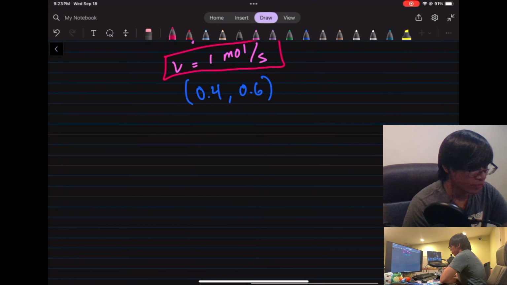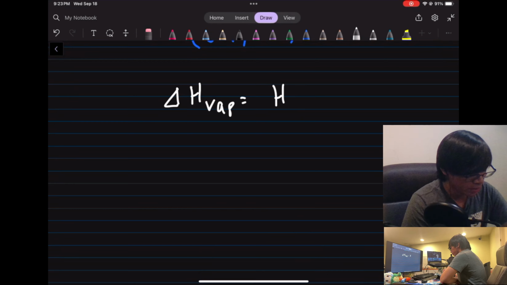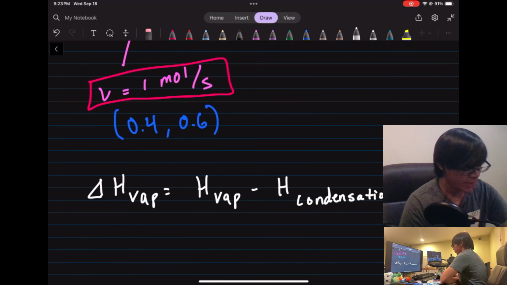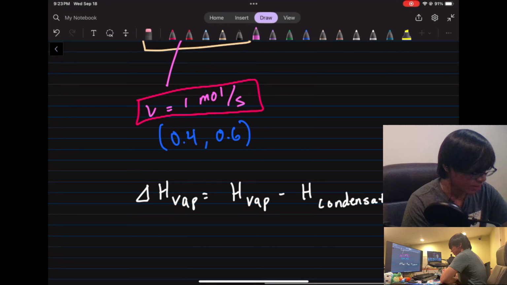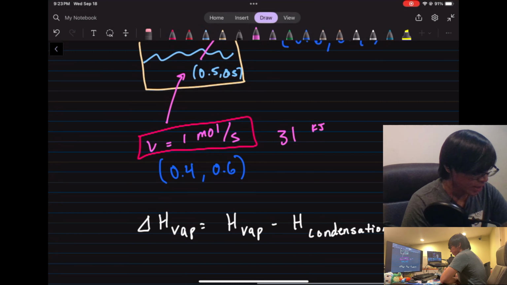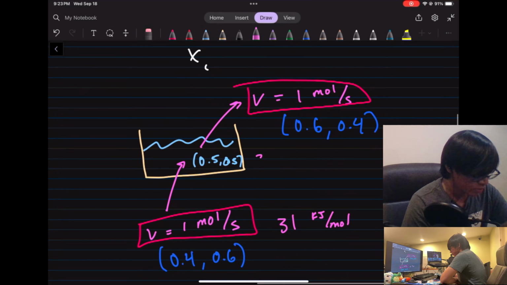Talking about constant molar flow rates, the change in the heat of vaporization is equal to our normal heat of vaporization and our heat of condensation, or enthalpy, however you want to say it. And this change is what affects these molar flow rates. Say benzene is around 30 kilojoules, so I'll just call this maybe 31 kilojoules per mole, and maybe the liquid mixture is 30 kilojoules per mole.